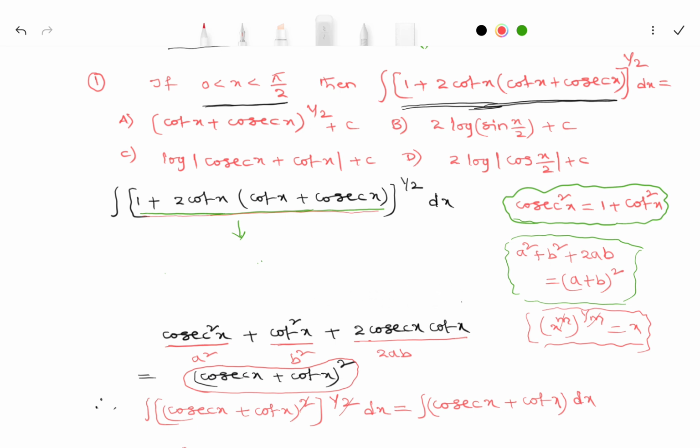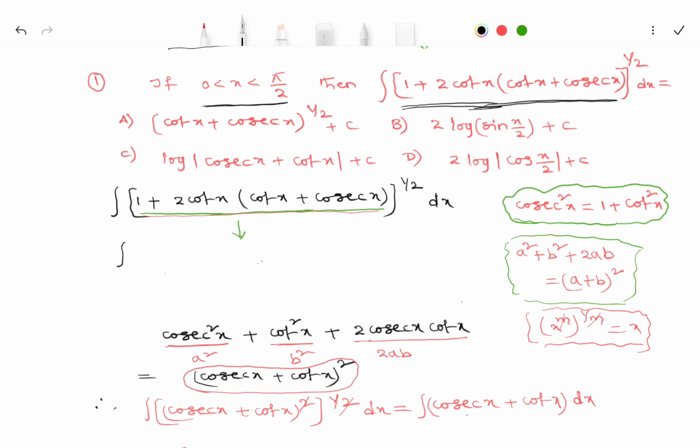Integration of cosecant x is already there in the integral formulas, but we will follow a simple technique.